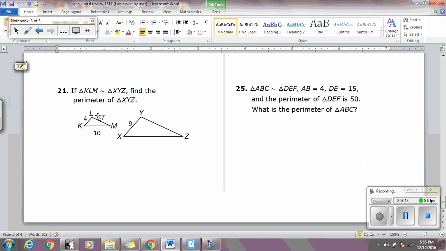And the last two. Number 21 says KLM is similar to XYZ. Find the perimeter of XYZ. So if sides are proportional, so is the perimeter.